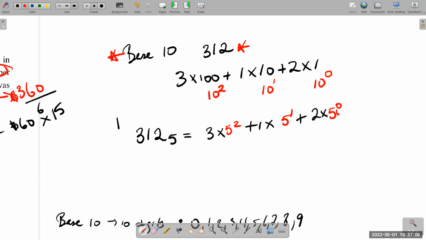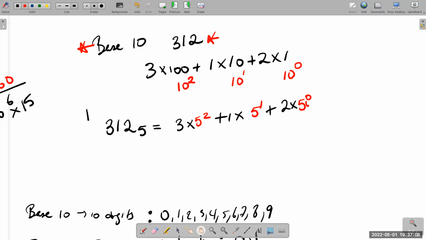Anybody see the connection? Look at what they call the base. Base 10, base 5. But you realize the place values are the same thing? It's just expanding the number.